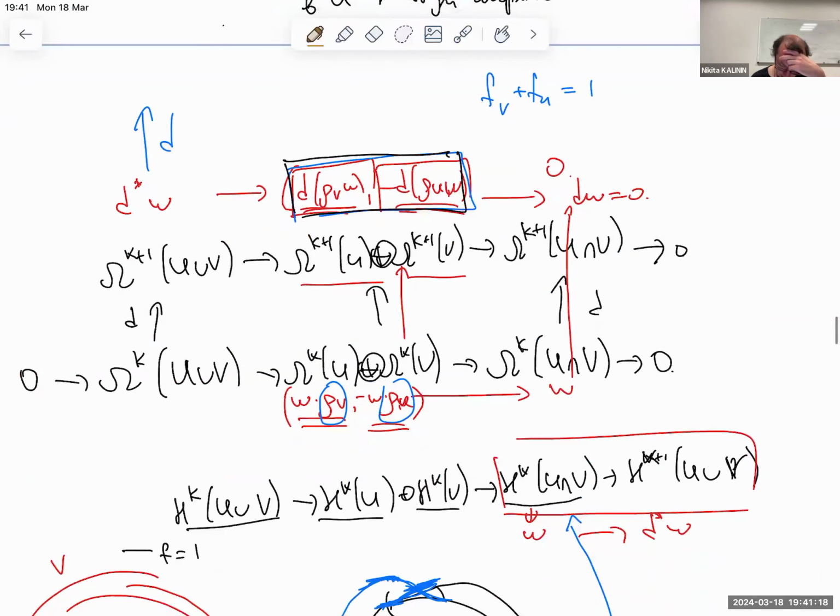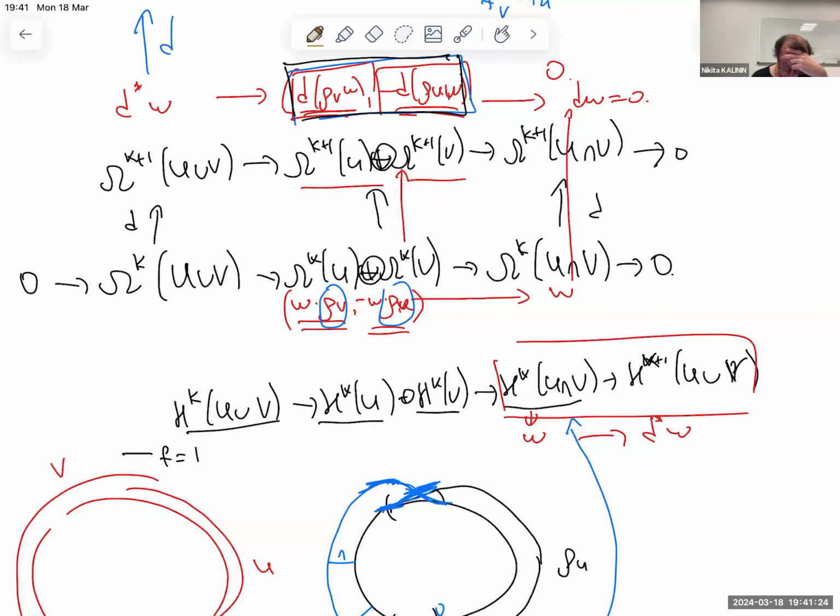Okay, so let's see. So also we had to define a map from here, omega k, to here.